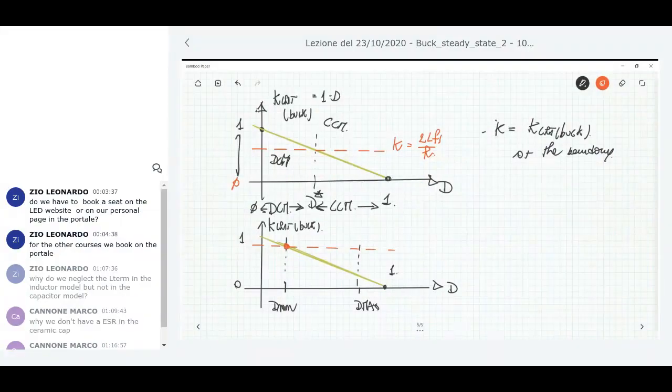In that situation, I will be sure that for any duty cycle included in the interval between the minimum and the maximum, I'm always in CCM, which is this part of the graph. Okay? As you can see, this is exactly the same situation I discussed with you before in terms of inductance. If you want to stay in CCM with this variation of the duty cycle, I have to choose the minimum duty cycle, not the maximum.